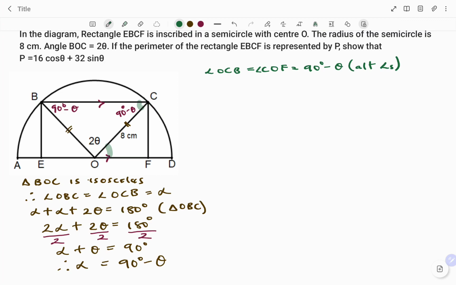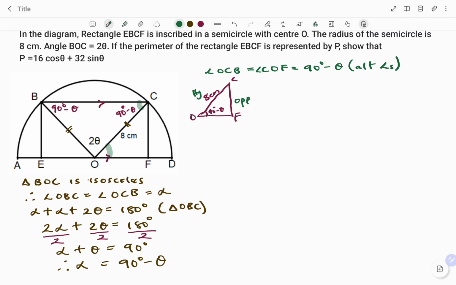Therefore, using the triangle COF, I'm going to draw that out here. I have C, O, and F. Remember, OC is my radius, so that's 8 centimeters. I have this angle, that's 90 minus theta. To find the distance OF, using my trig ratios, the side facing the reference angle is the opposite.